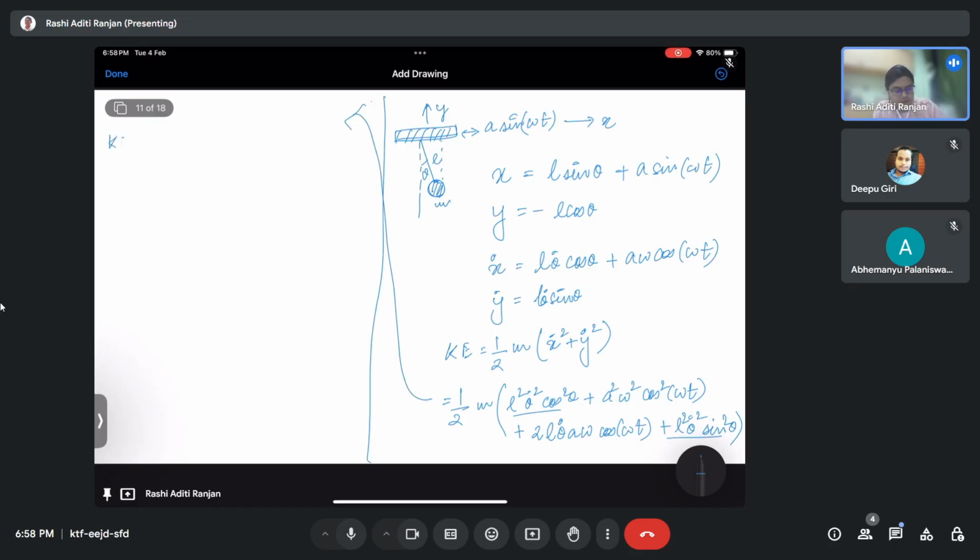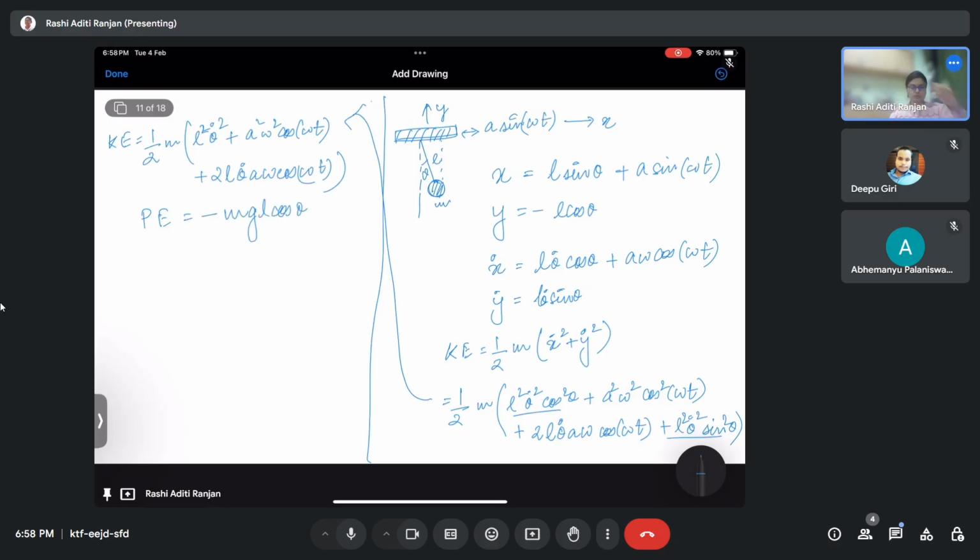So I'll have kinetic energy as... okay. Potential energy is nothing but minus m g L cos theta.